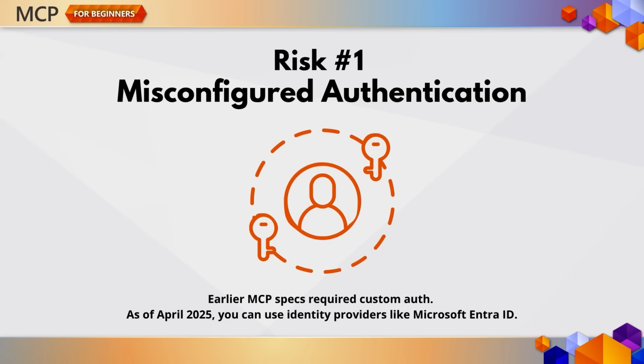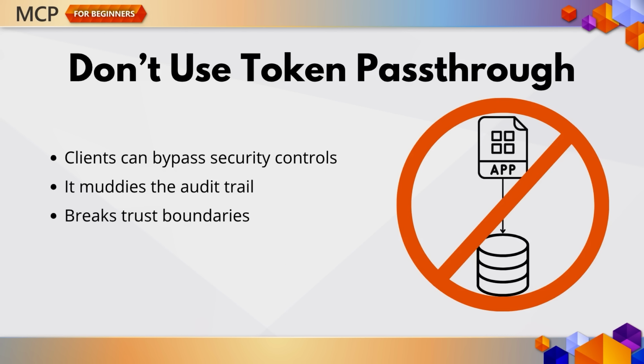Earlier MCP specs assumed you'd roll your own OAuth 2.0 authentication server. That's not ideal for most devs. As of April 2025, MCP servers can now delegate auth to external identity providers like Microsoft Entra ID, which is a huge improvement. But even with this update, token mismanagement is a real concern. Some folks might be tempted to let the client pass its tokens straight to the downstream resource, called token pass-through.